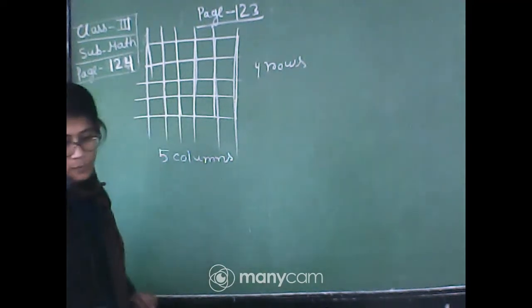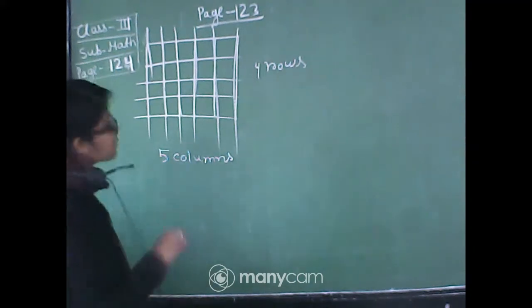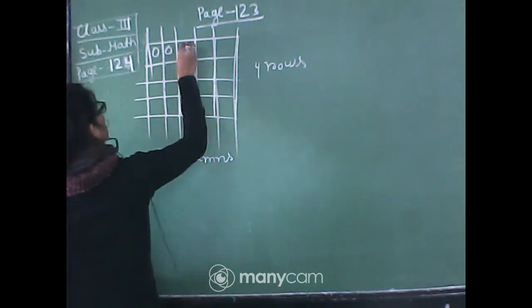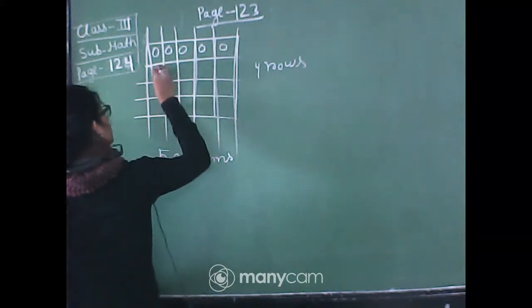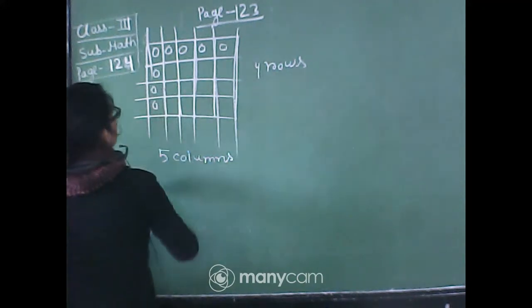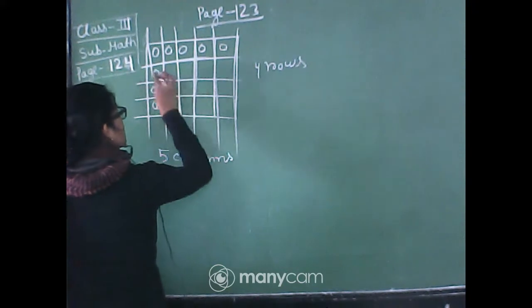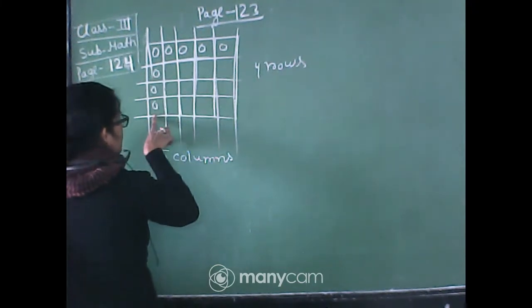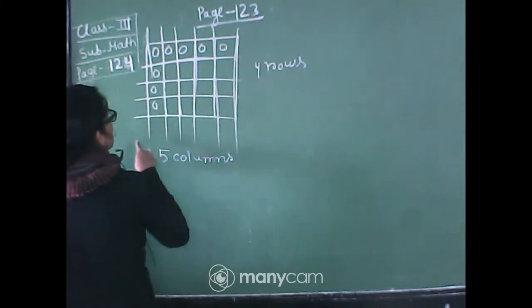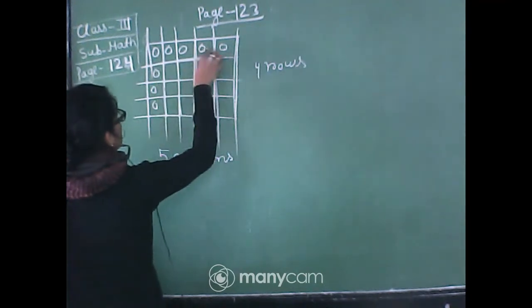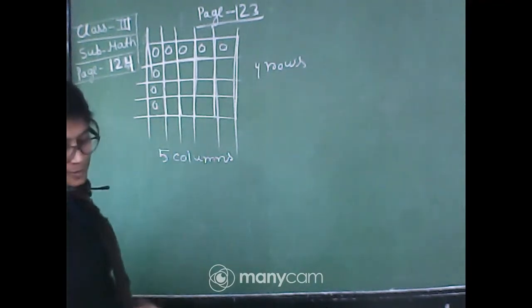Okay. So according to row wise, how many? 4 row wise, and column wise 5, isn't it? Because 1, 2, 3, 4, 5. So you can write down, it's a two-way.